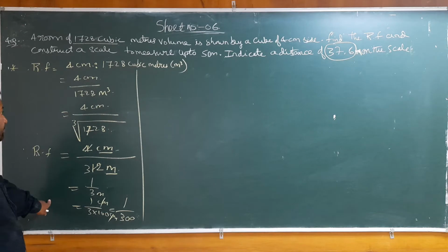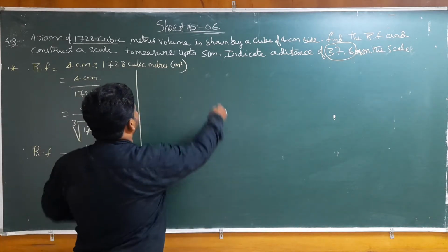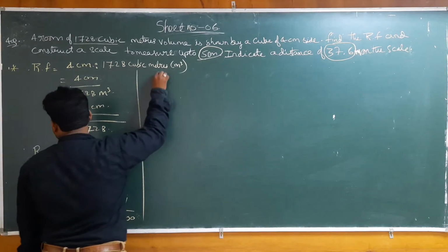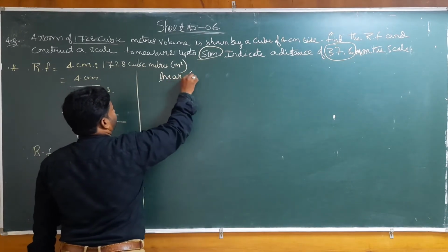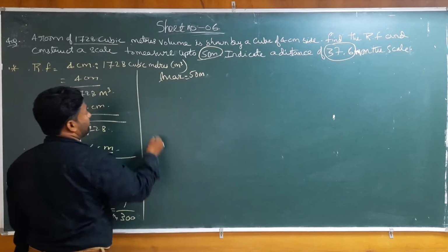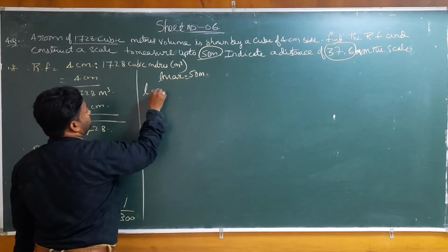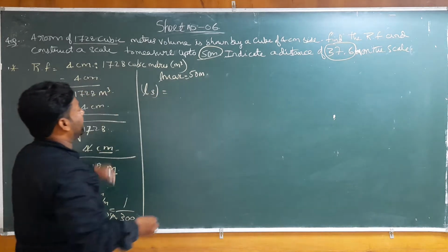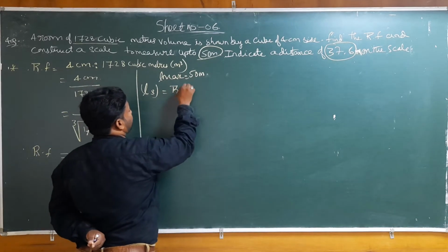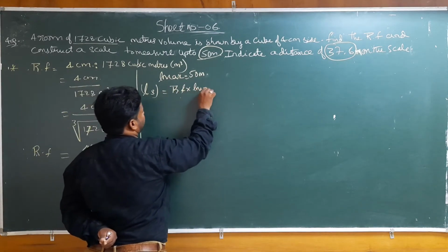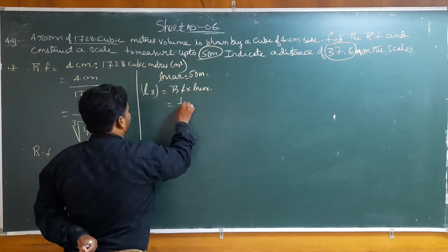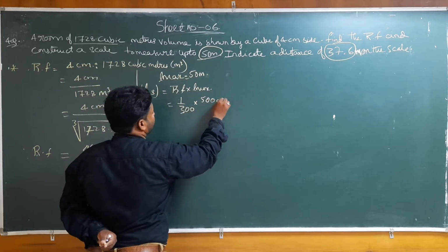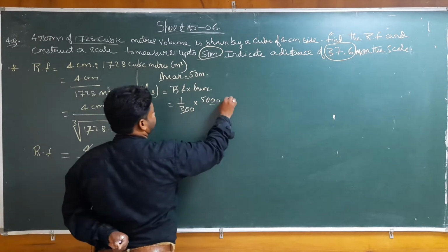Now we know the RF. Now what is the maximum length given here? This is the maximum length, that is 50 meters. So L max also we know that. L max is equal to 50 meters. Now we have to find out the length of the scale, that is LS, which is the product of RF into L max, representative fraction into maximum length, that is equal to 1 by 300 into 50 into 100, that is 5000 centimeters.